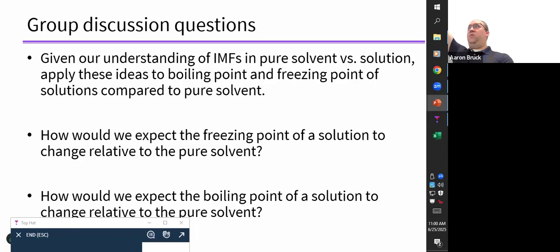What does a solution do? A solution basically does, through mixing, through intermolecular forces, it allows a liquid to be a liquid for longer because the forces that exist in that liquid are stronger than the solvents themselves.